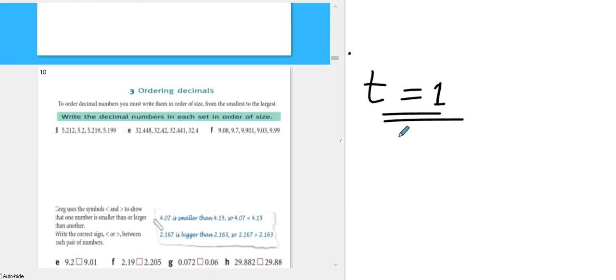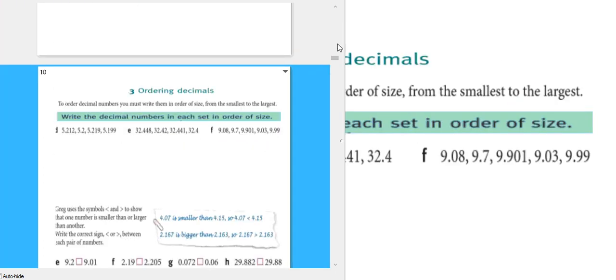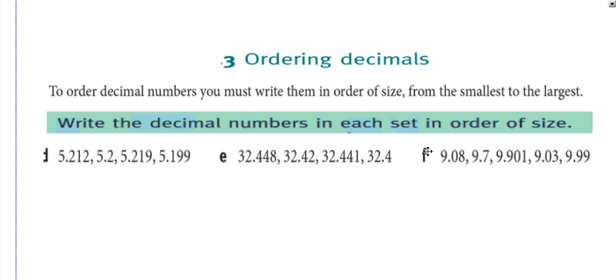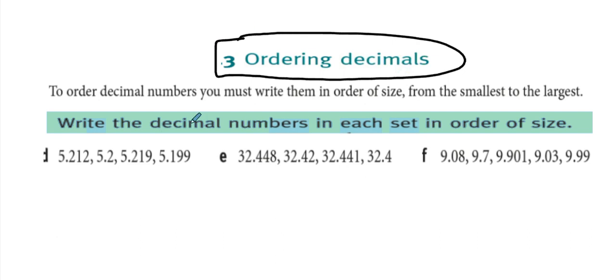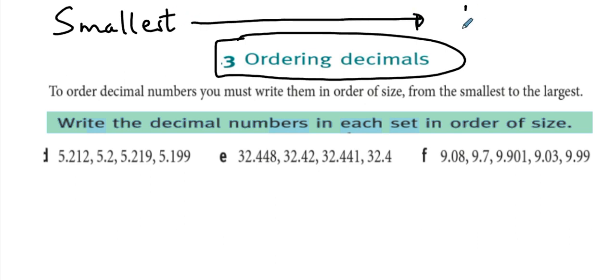Now we have this part here, ordering decimals: putting decimals in order of size, arranging decimals from smallest to largest. That is what it means by ordering decimals.